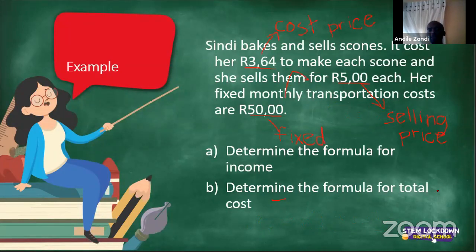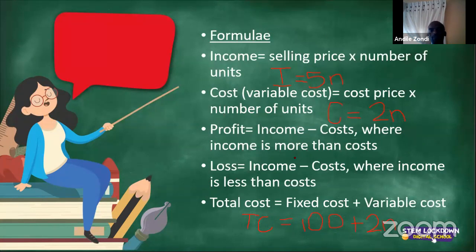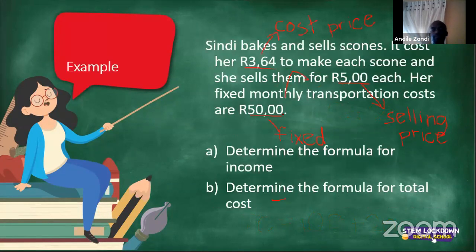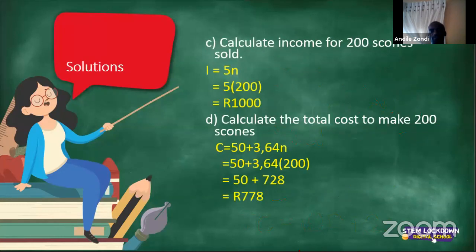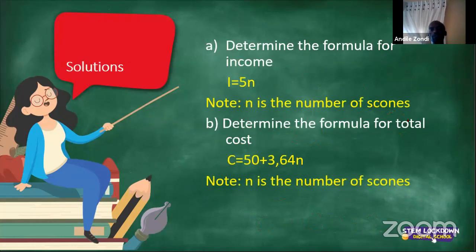So for the formula for total cost, our answer will be fixed cost, which is 50 rand, plus cost price times number of items made. Remember, variable cost is cost price times number of units. So our answer is supposed to look like this: C for cost.